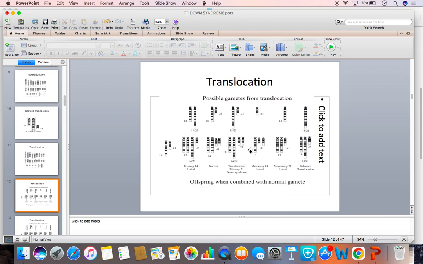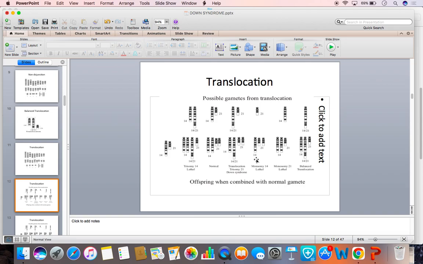The total number of 21 chromosomal copies is 3, but the total number of chromosomes in that particular cell is 46 only. So translocation Down syndrome will have 46 chromosomes. Okay.